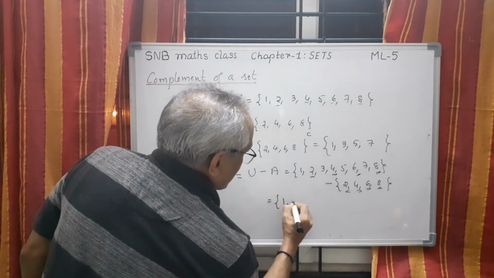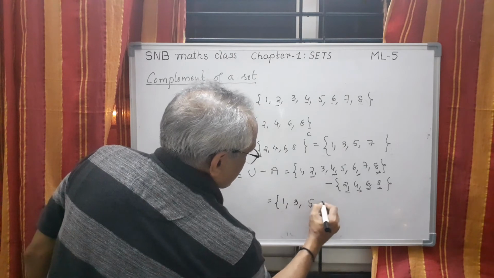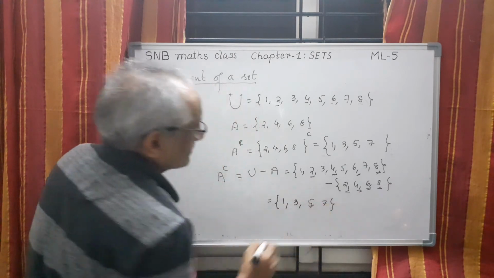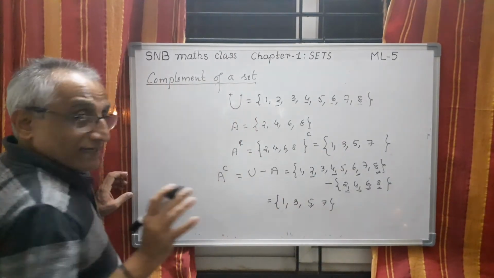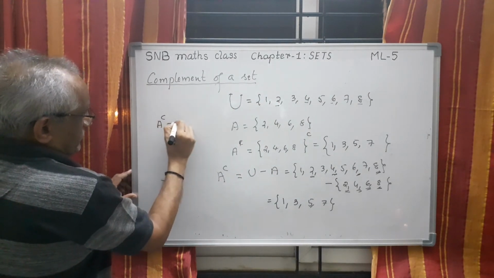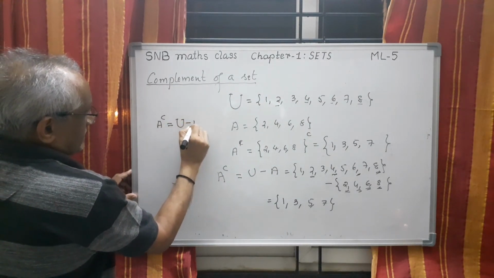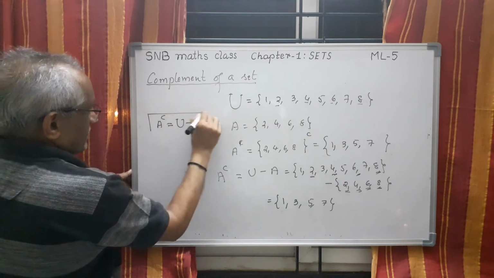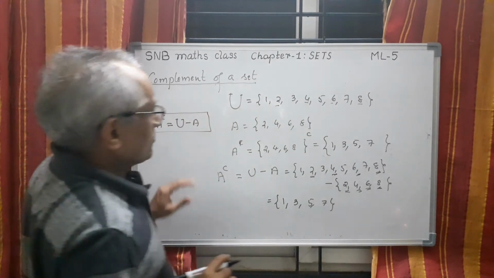What remains is once again 1, 3, 5, 7. You get the same thing. So A complement is the same as U minus A, an alternate definition.